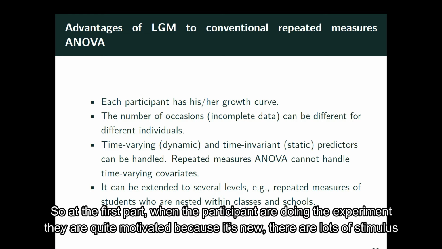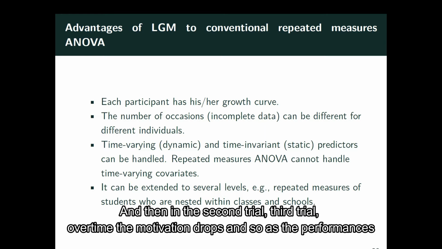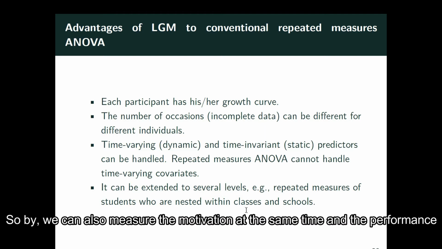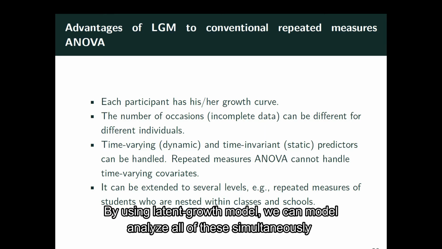At the first part, when the participants are doing the experiments, they are quite motivated because it's new, there are lots of stimuli. And then in the second trial, third trial, over time, the motivation drops, and so does the performance. So we can also measure the motivation and the performance at the same time. And by using a latent growth model, we can model and analyze all of this simultaneously.